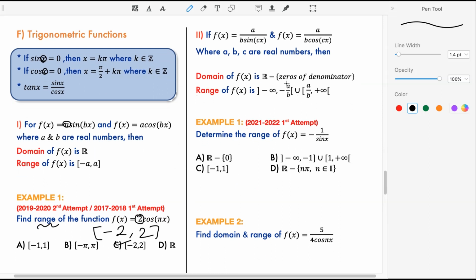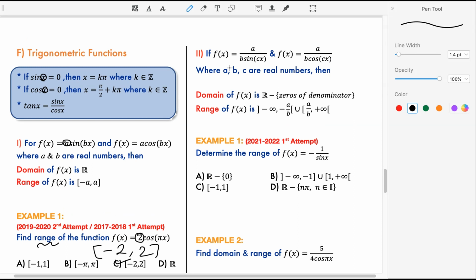Okay, another important thing about trigonometric functions. There is only one ministry question about this situation. They only ask this once, and there is one question in the book about this in the check it out part. If your function is written in rational expression form, number over number times sine or cosine of something, so sine or cosine is in the denominator and in the numerator you have constants, then the domain is still the same, all real numbers except what makes the denominator 0.